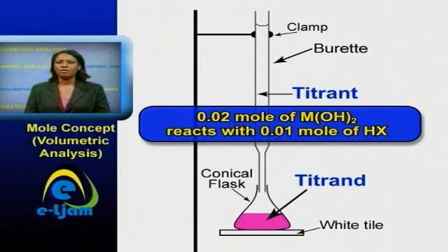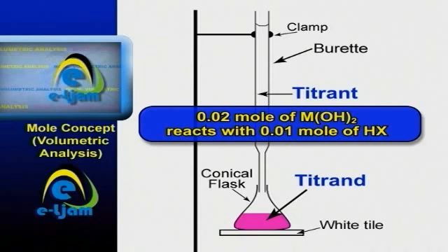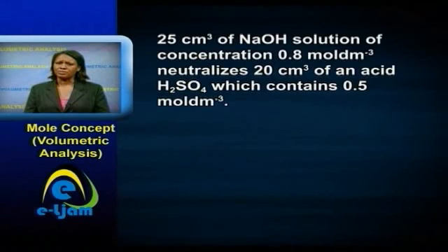Example: 0.02 mole of MOH reacts with 0.01 mole of HX. Example: 25 cm³ of sodium hydroxide solution of concentration 0.8 moles per dm³ neutralizes 20 cm³ of an acid H2SO4 which contains 0.5 moles per dm³.